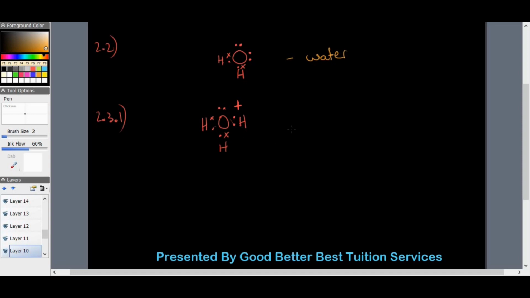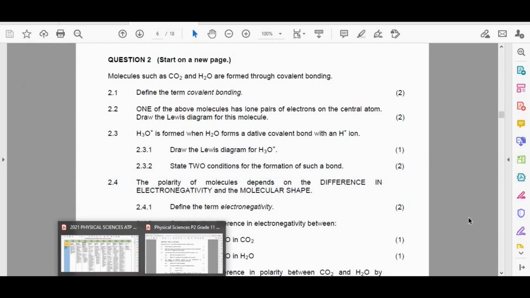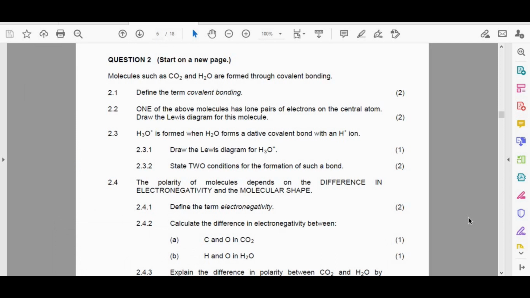You don't have to do what I'm doing here in orange, of course. They know what you are writing down in any case. And now we're going to go to 2.3.2. It says state 2 conditions for the formation of such a dative covalent bond.